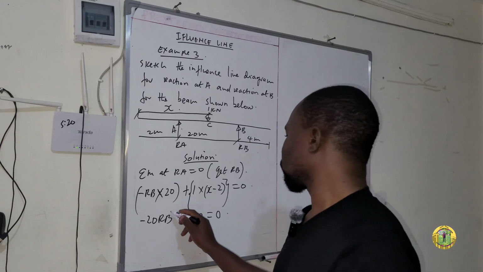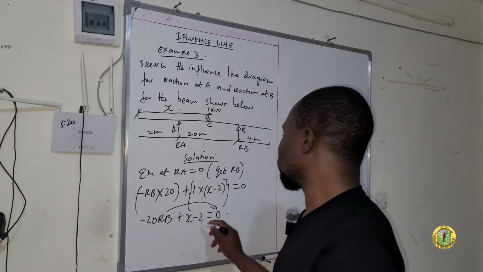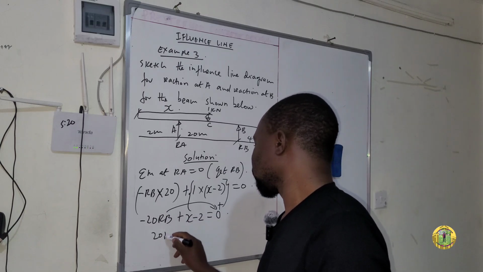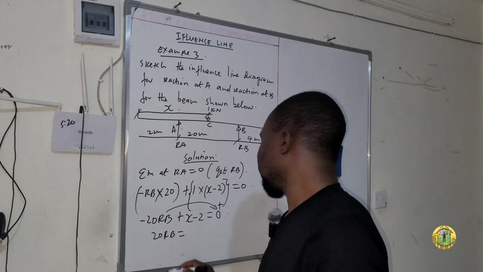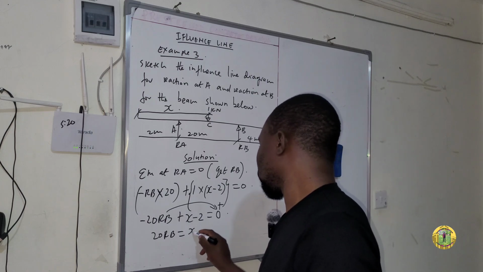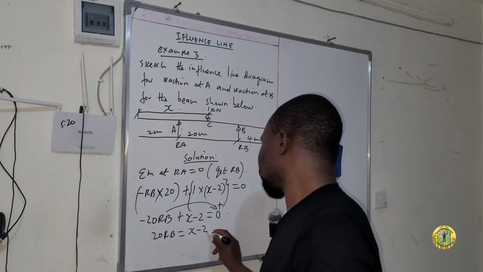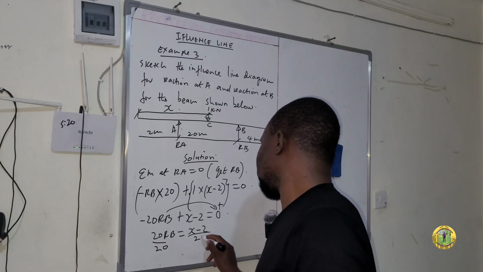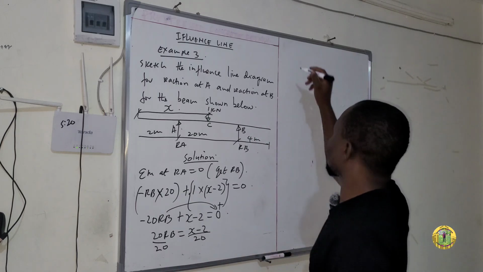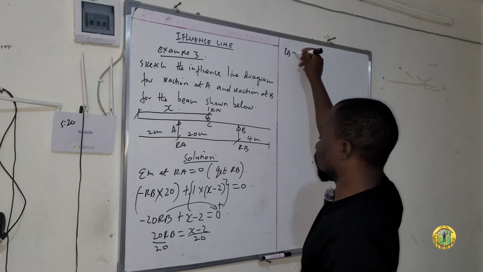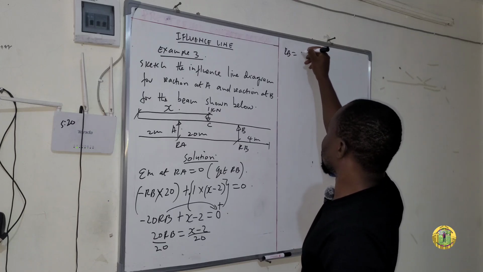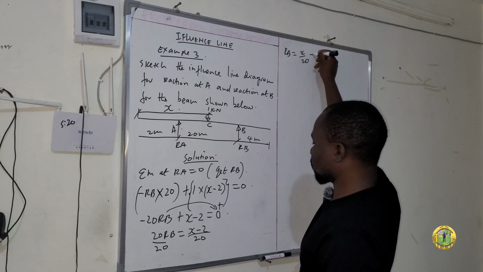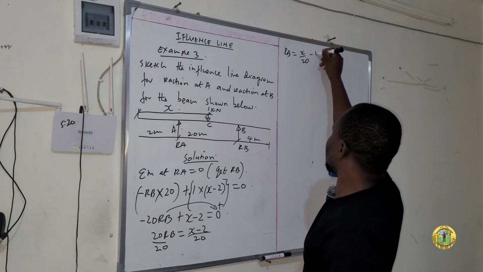So this one will cross to this side. So it will change from negative to positive. So it will be 20 RB is equal to x minus 2. Divide both sides by 20. Therefore, RB is equal to x over 20 minus 1 over 10.